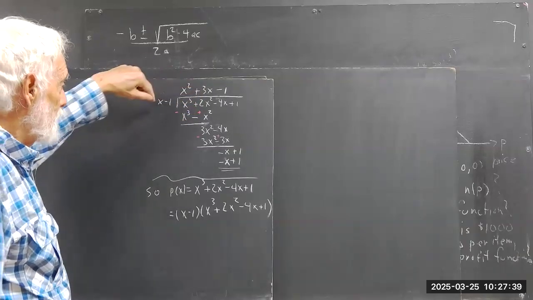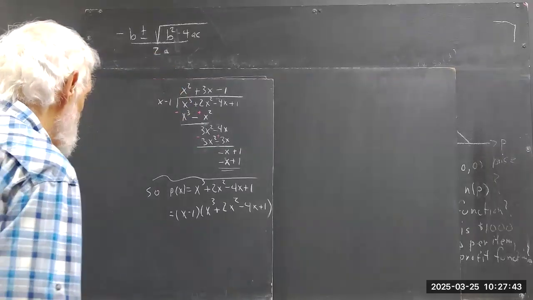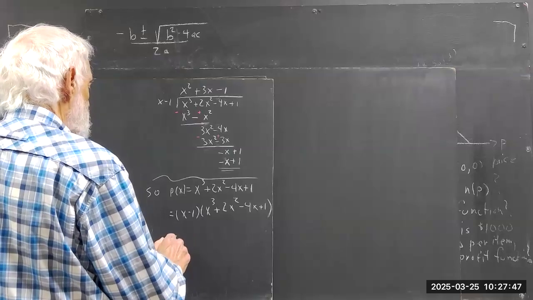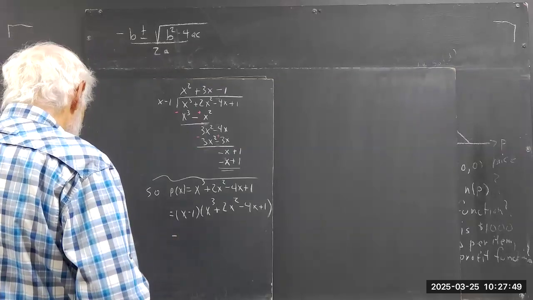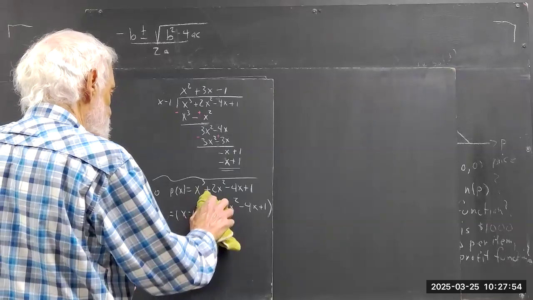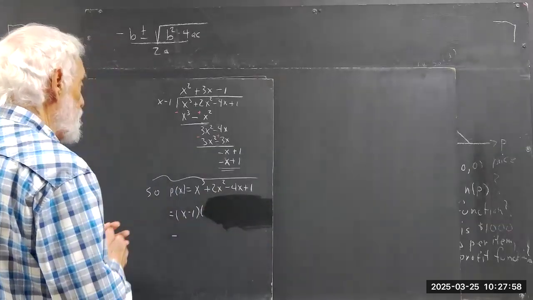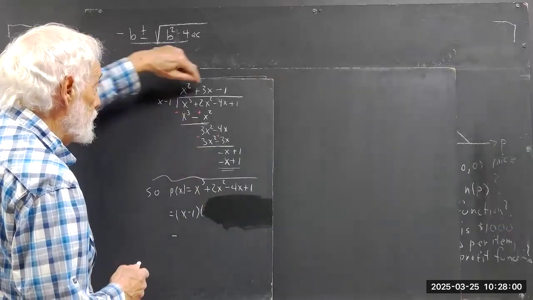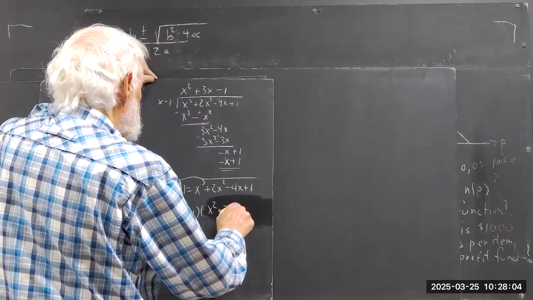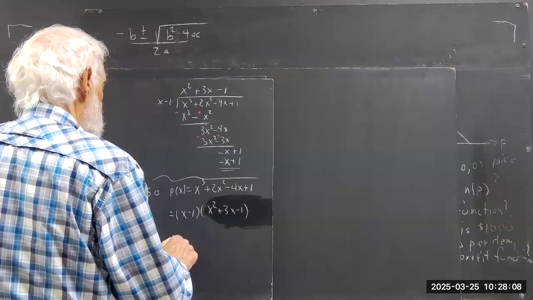That means that this times the quotient equals this. Except I wasn't paying attention to what I wrote down. What I should have written down here is the quotient x squared plus 3x minus 1.